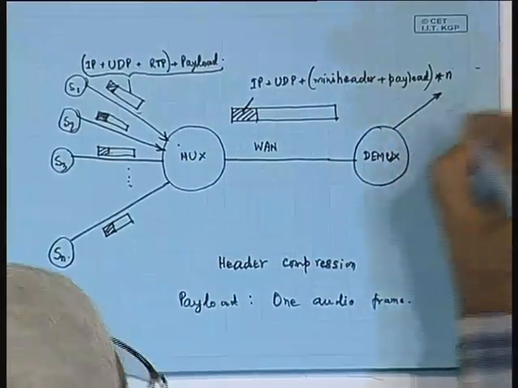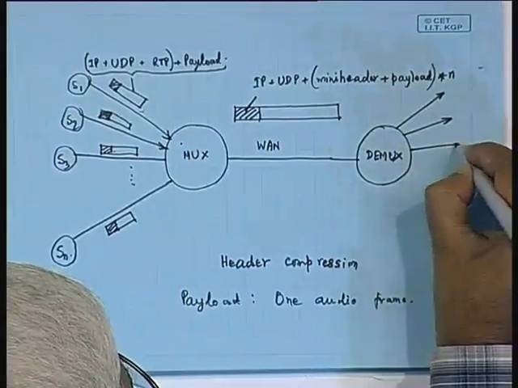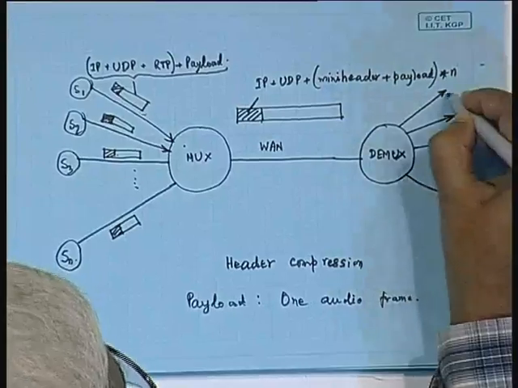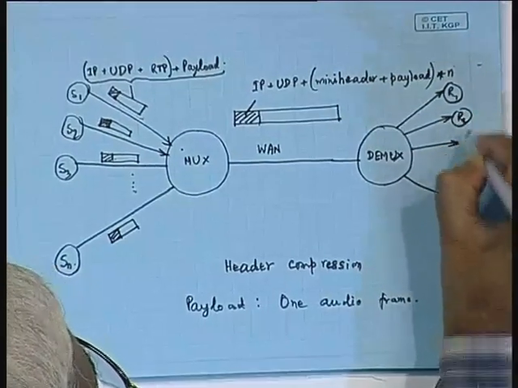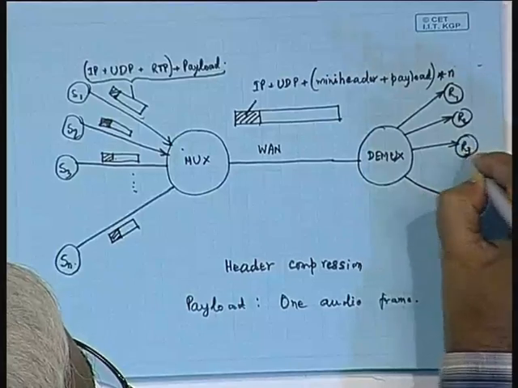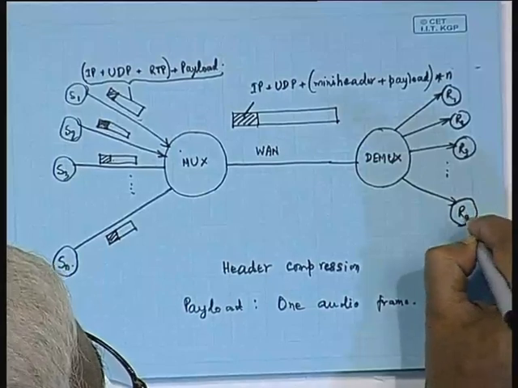So, we will be having likewise n number of receivers. Let us say that these are R1, R2, R3 up to Rn. So, there are n number of receivers.